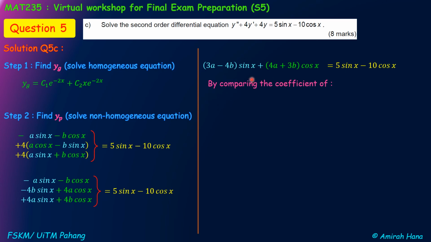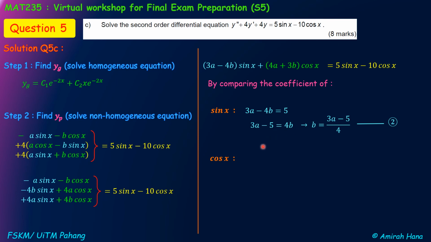After that, by comparing the coefficient of sin x, because now we want to find the values of A and B. After we compare the coefficient of sin x, we can write 3A minus 4B equals 5. Then 3A minus 5 equals 4B, and B equals 3A minus 5 over 4, which we name equation 2, because we already have equation 1 in the previous slide.